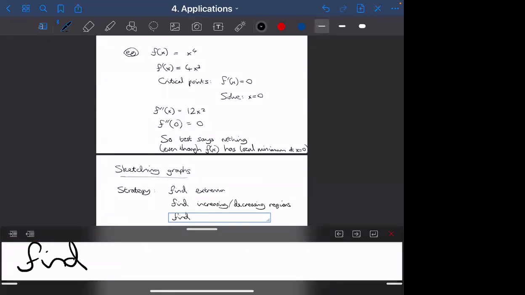And then we find concave up-down regions.